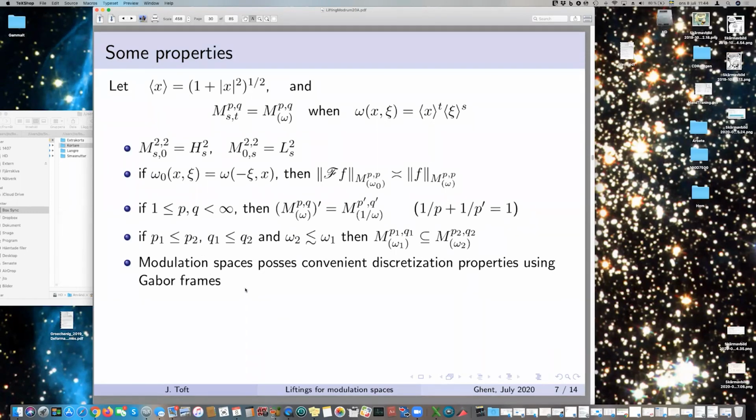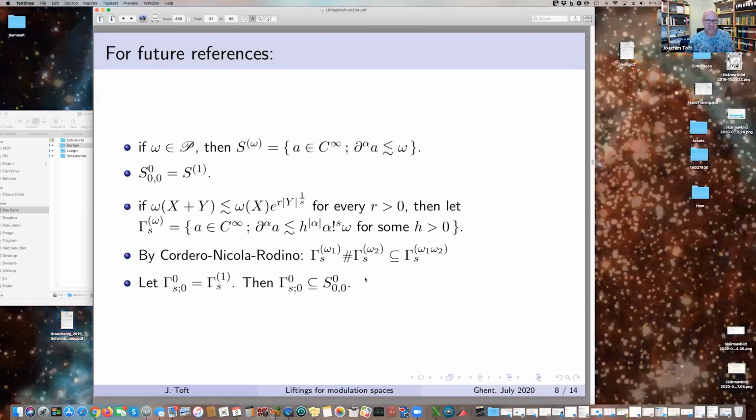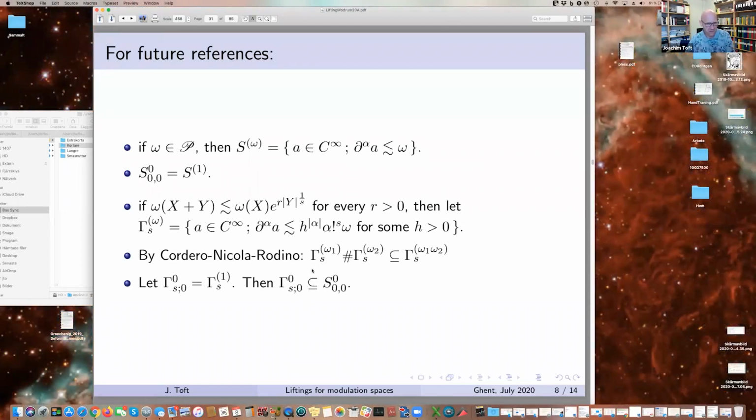And also we have several other types of properties. For example, we can discretize them by using Gabor frames. So here are also some other things that are needed. We shall actually look at some symbol classes for our pseudo-differential operators that are adjusted to these modulation spaces.